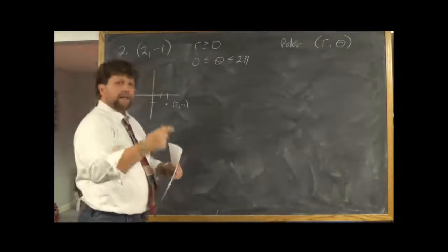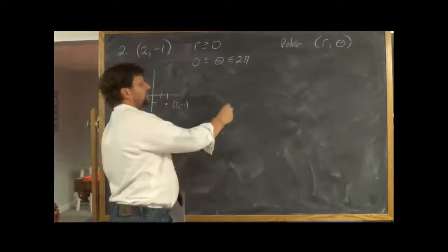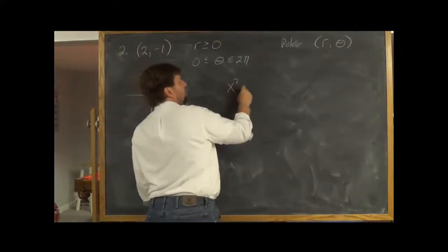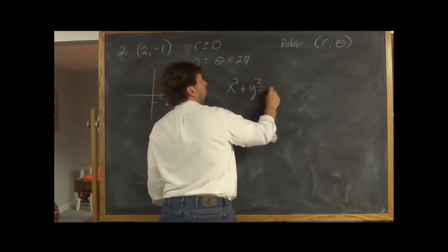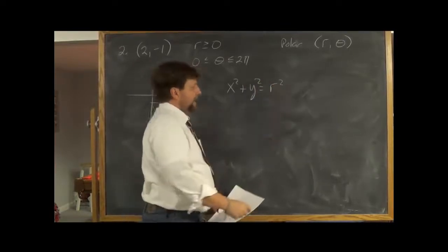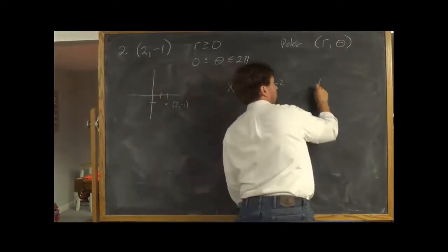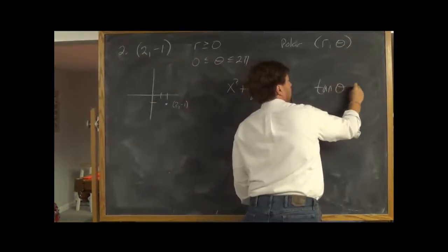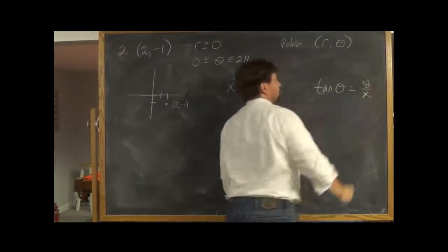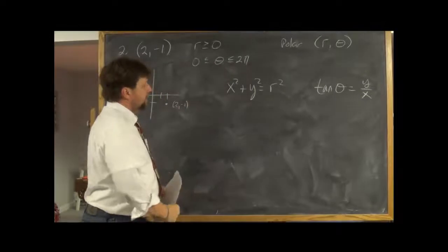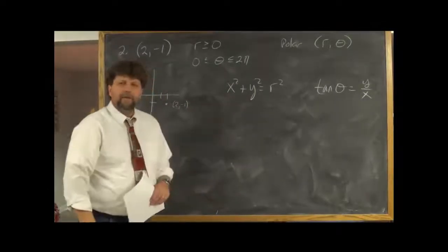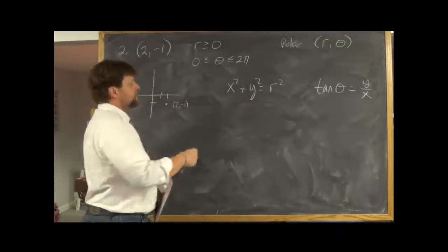So the conversions that I need to use here are the following. x squared plus y squared equals r squared. And then tangent of theta is y over x. So let's get the value for r, our directed distance, first.